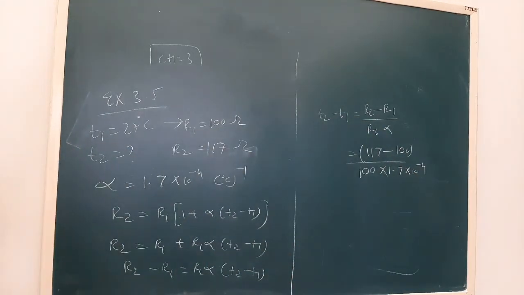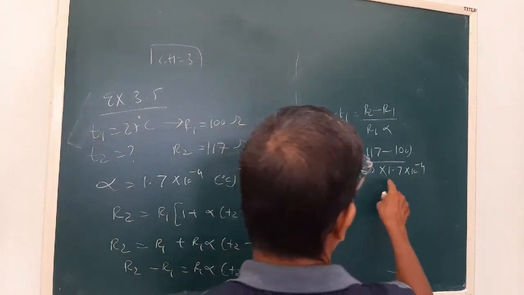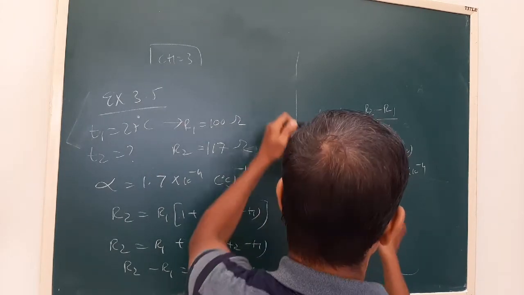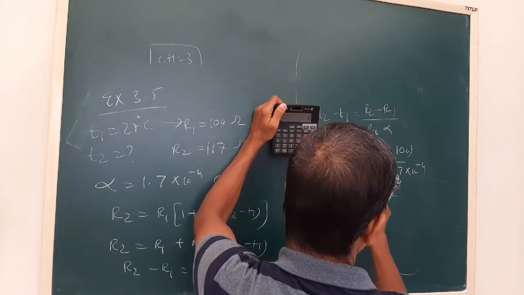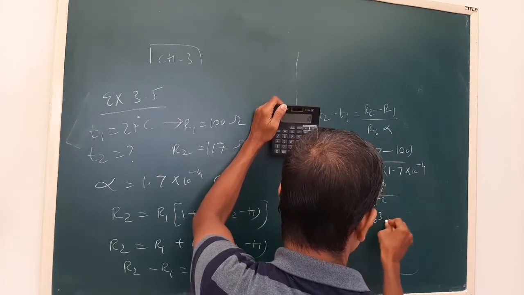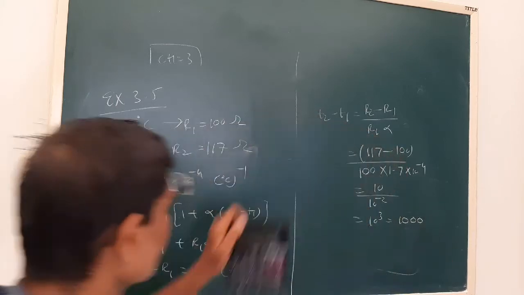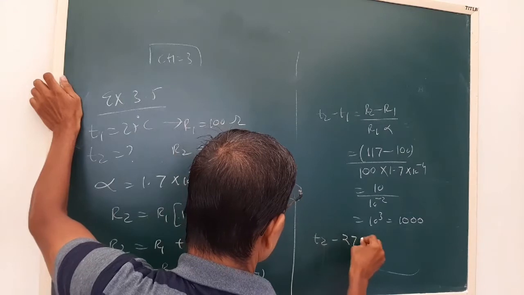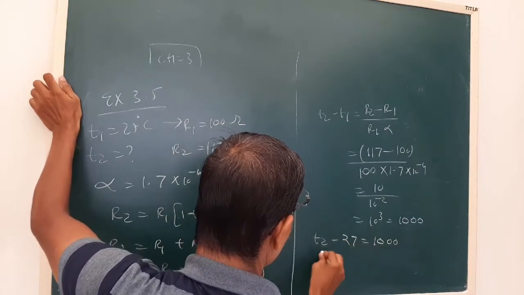So we have to simplify. That is 0.17 divided by 1.7 into 10 to the minus 3, which is 100 or 10 into minus 2,000. Now T1 is given, so T2 we will get.